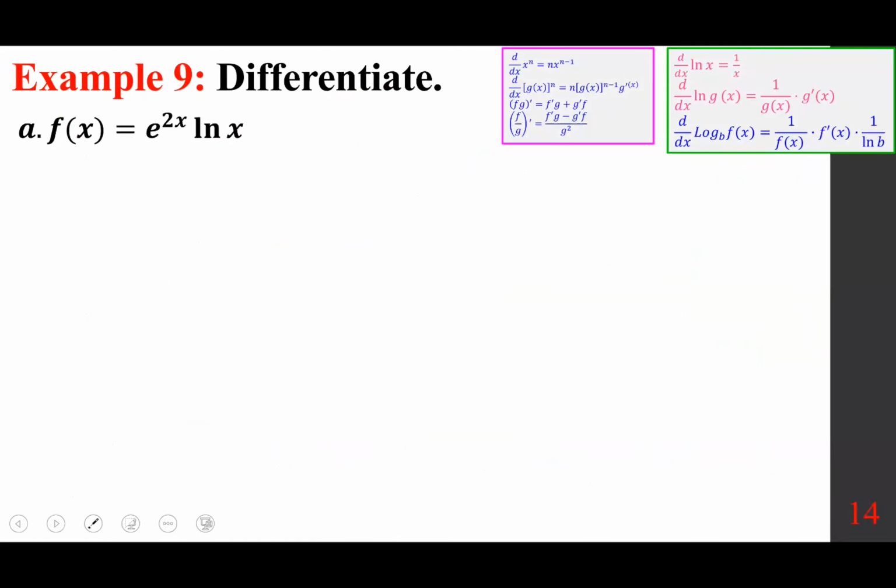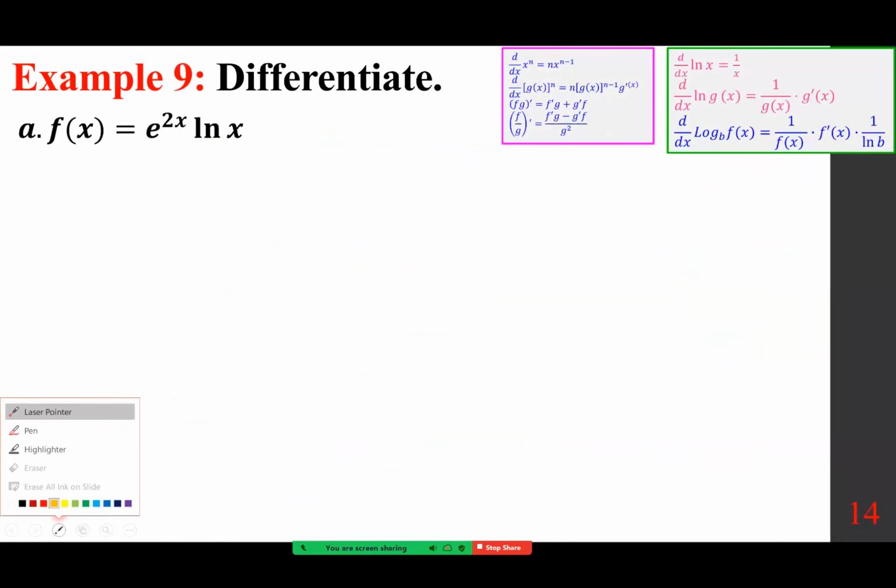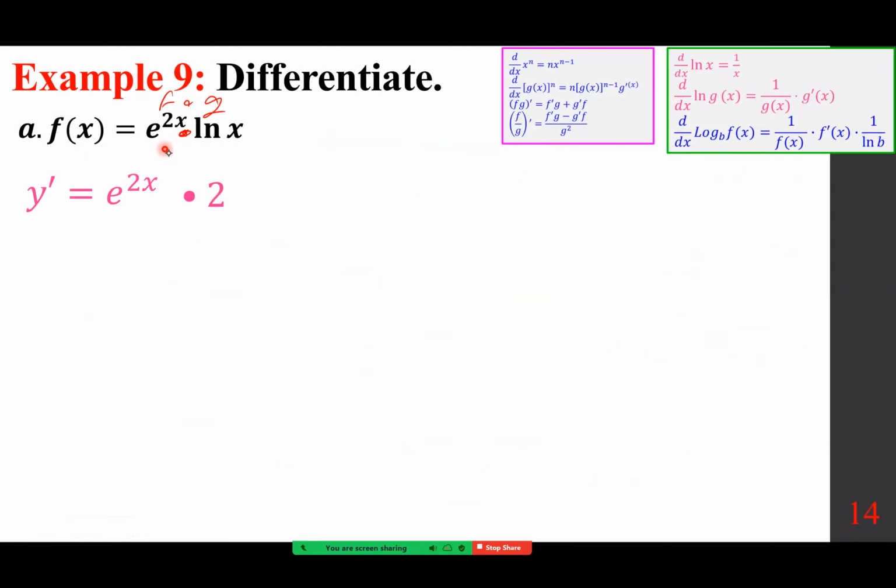You want to differentiate this, we put a raised dot. So we have FG, the product rule. So the derivative of e to the power of 2x is itself times 2, times ln x.